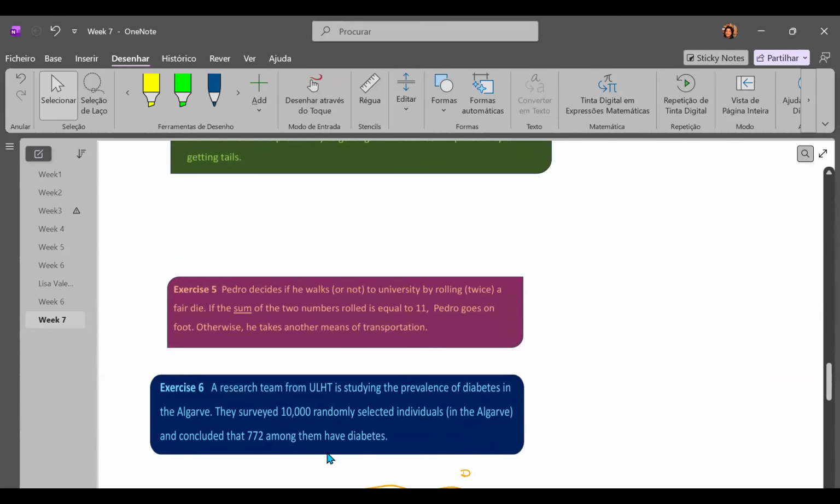Do you agree, Juan? In exercise 6, you want the probability of a person in the entire region of Algarve having diabetes. Do you know that value? Do you know that number? No. You have a number amongst a sample, right?